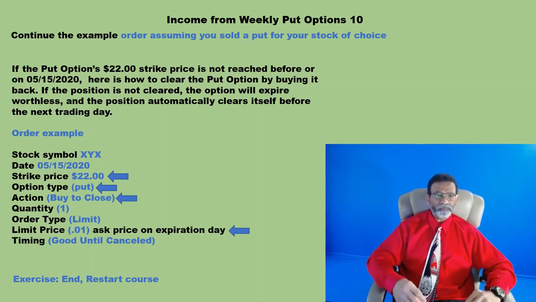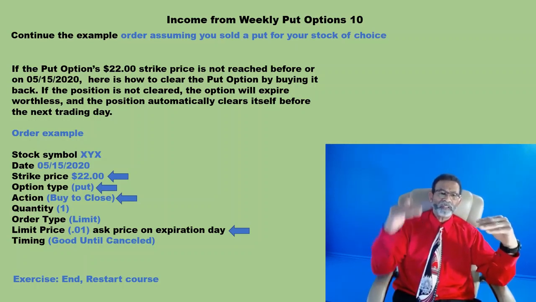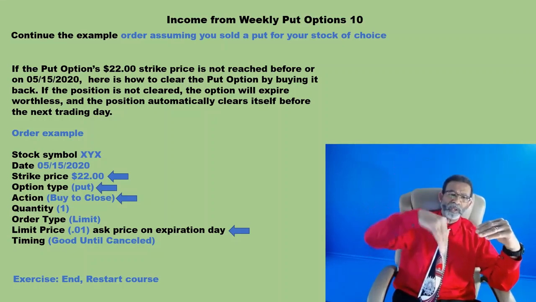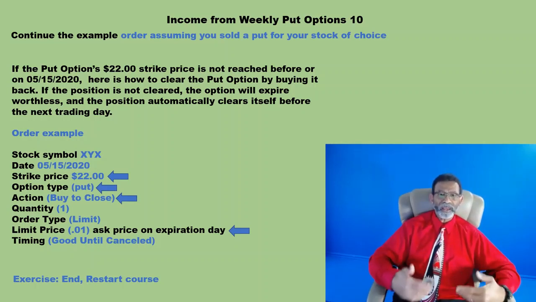Now, if you don't buy it back and the option does not reach the criteria within the time limit, in this case, if the stock doesn't go down to $22 or below within the time limit, May the 15th, the option will expire worthless and it automatically will clear by the next trading day.